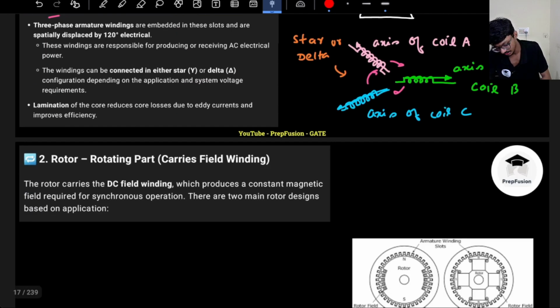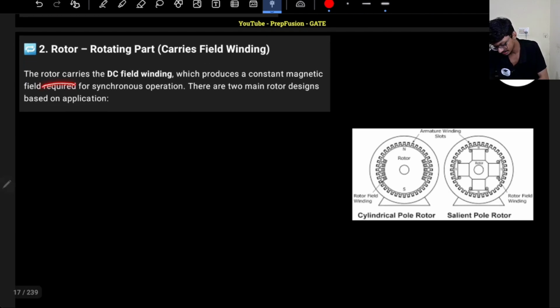What about the rotor side? Now the rotor is responsible for carrying the DC field. It carries the DC field excitation, which produces a constant magnetic field required for synchronous operation.